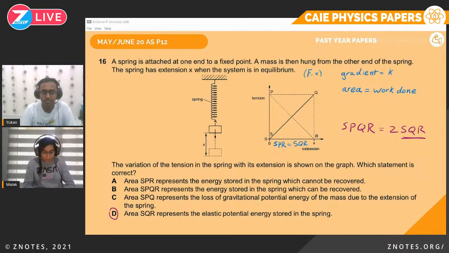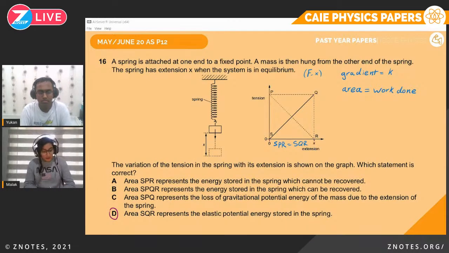Area SPQ represents the loss of gravitational potential energy of the mass due to the extension of the spring. No, as of now, we don't have any equations that link gravitational potential energy to the elastic energy of the spring, so we have nothing to back that up.